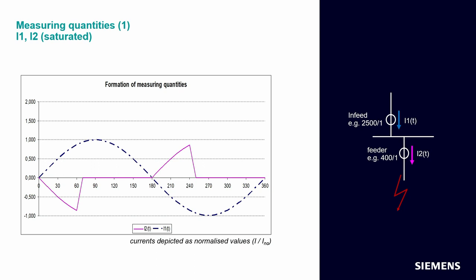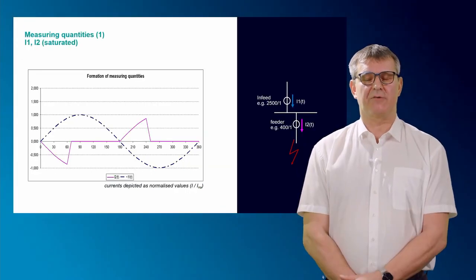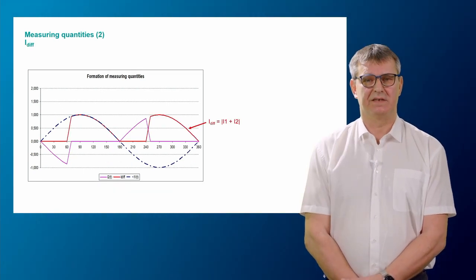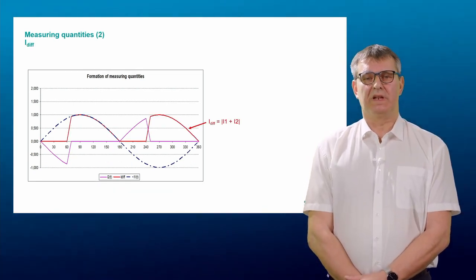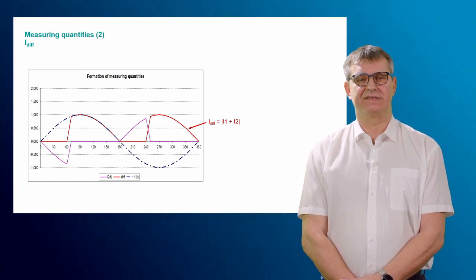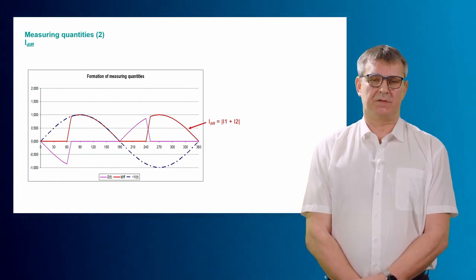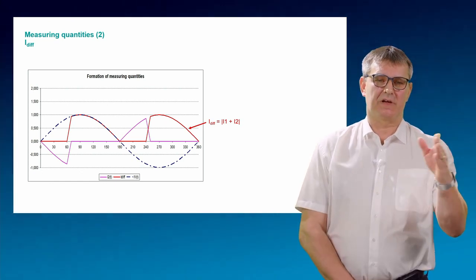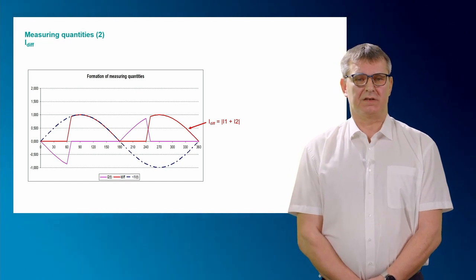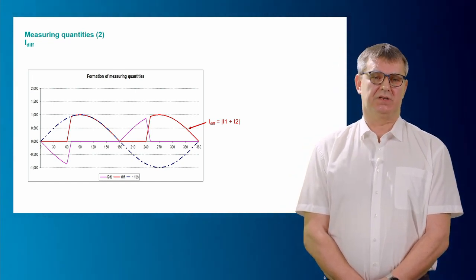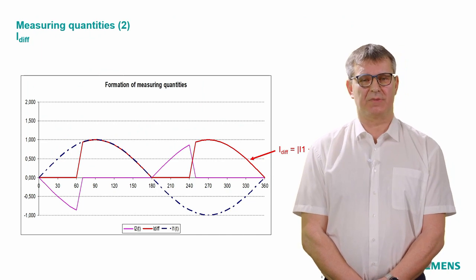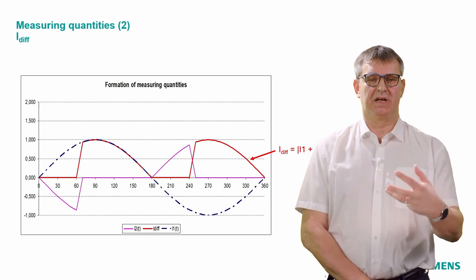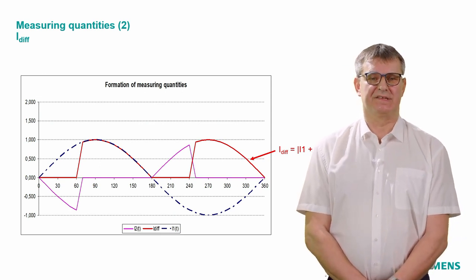Let's have a look, according to these currents, at how the differential current and the stabilization current will look. So we will have the differential current, here this red line. You see, if we start on the left side at 0 degrees, I2 has not saturated. So at the very beginning we have 0 differential current. You see it here on the left side, the red line, the differential current is 0.